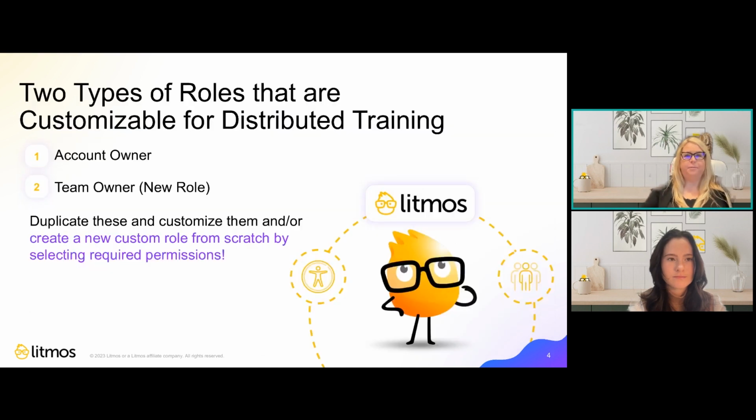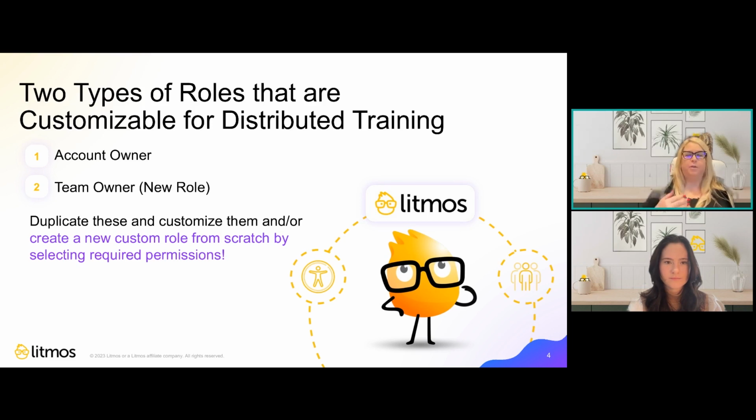There are really two types of roles that are customizable. One is the account owner role, which will have more capabilities, and then also this new team owner role. You're going to be able to duplicate these and customize them at a very granular level now.